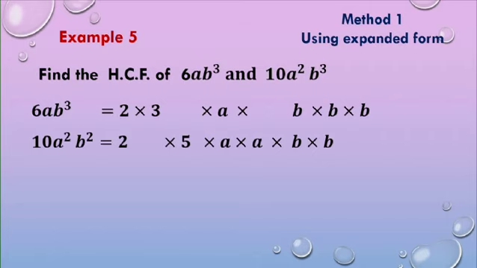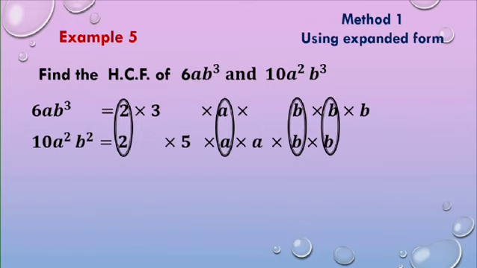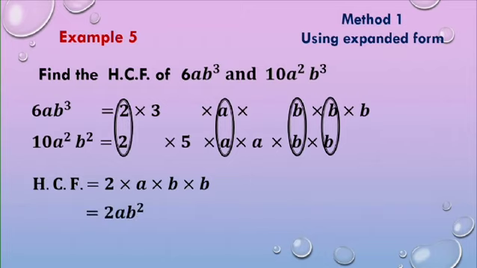Same for 10a squared b squared, which is equal to 2 times 5 times a times a times b times b. The HCF will be taking the common factors. So here the common factors are 2, a and b. B again, so the HCF is 2 times a times b times b, which is equal to 2ab squared.